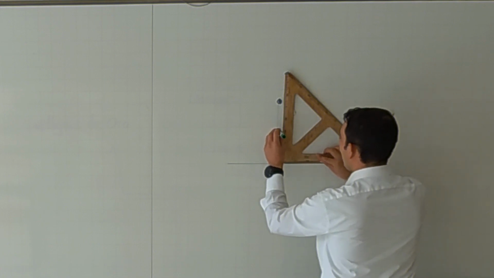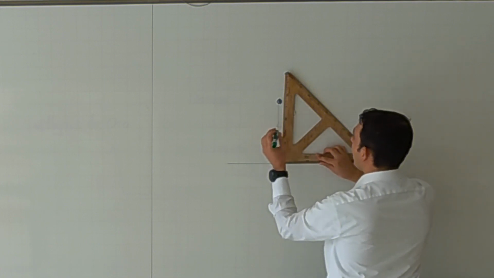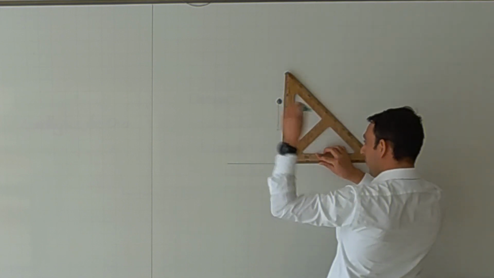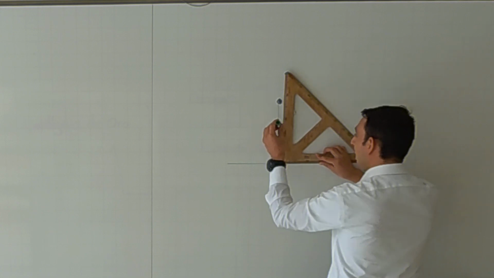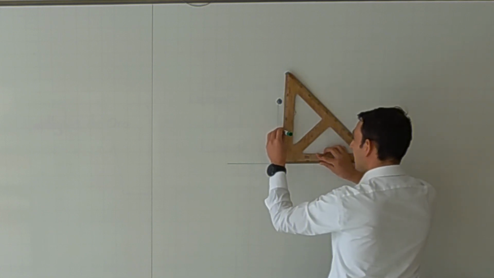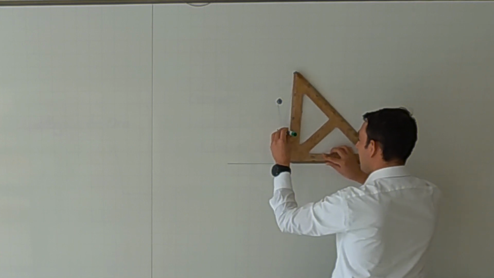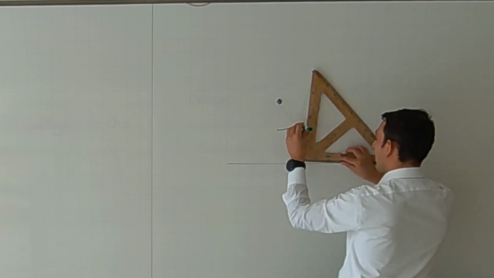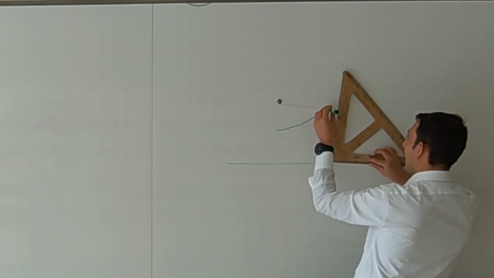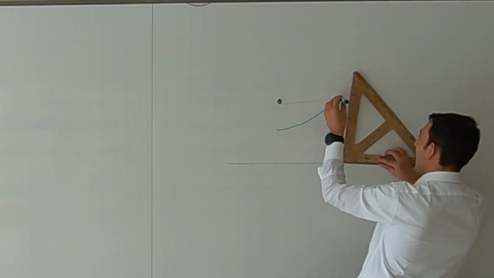Okay, and now start moving your square ruler in this direction. Make sure that your pencil must be on the paper. And look at this. If you start moving, the pencil will start to draw some special figure. Okay, continue moving exactly on the line that you drew from the beginning.